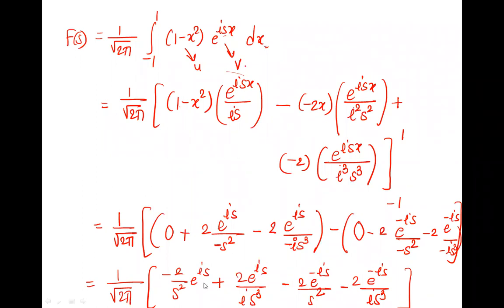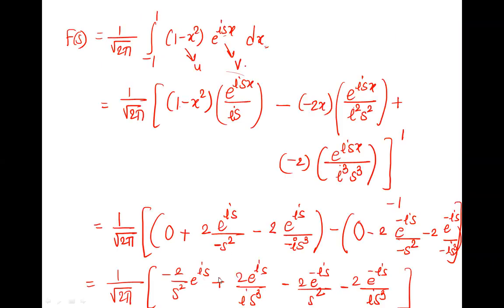Okay, if you check here, e raised to is and e raised to minus is, the common thing is 2 upon s square, we'll take it out. Minus 2 upon s square. So it is 1 upon root 2 pi, minus 2 upon s square is common. What is inside? e raised to is plus e raised to minus is.